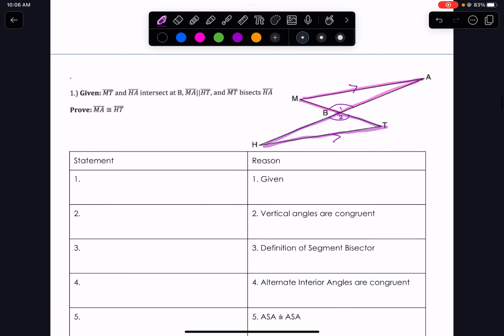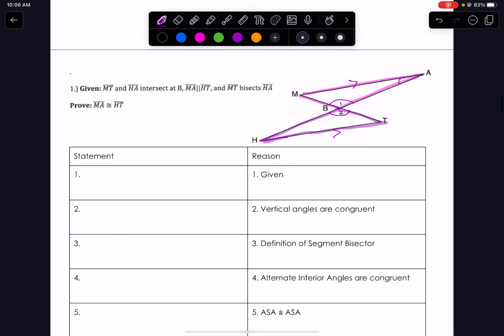We know that these are parallel lines. So we should get used to this by now. I have a pair of alternate interior angles, angles 3 and 4, because we want them to be inside the triangles and they end up being on opposite sides. And then finally we have the MT bisects HA.